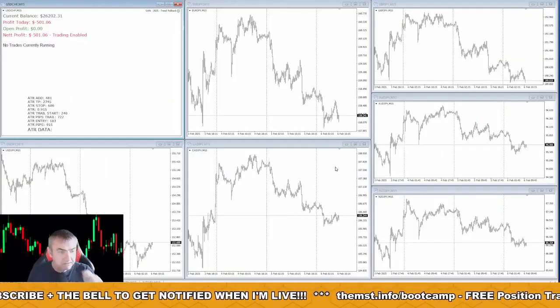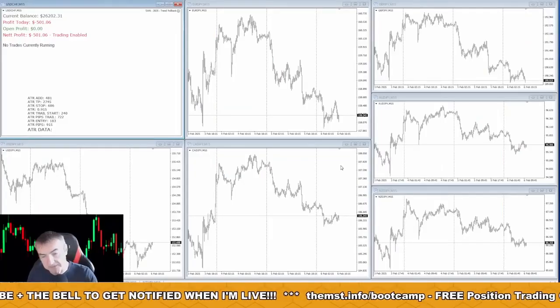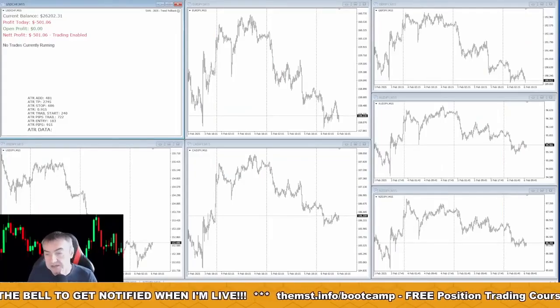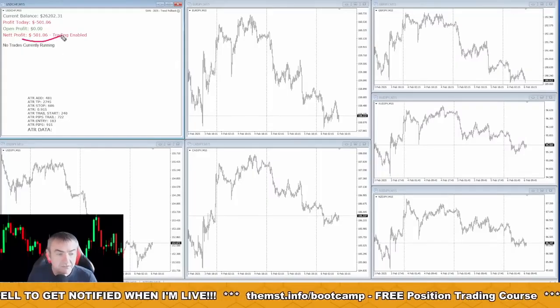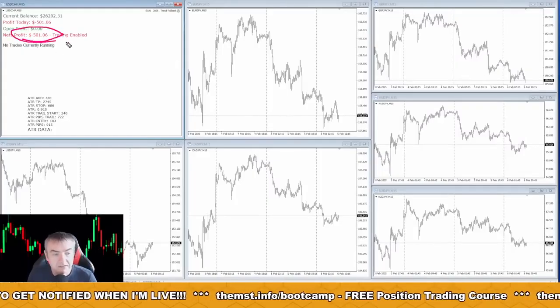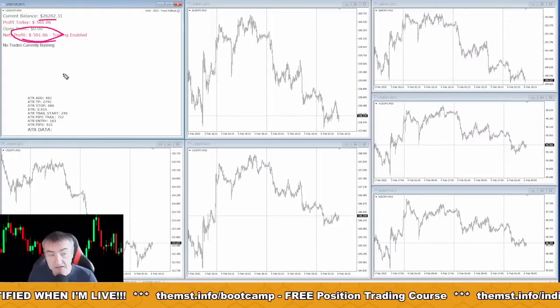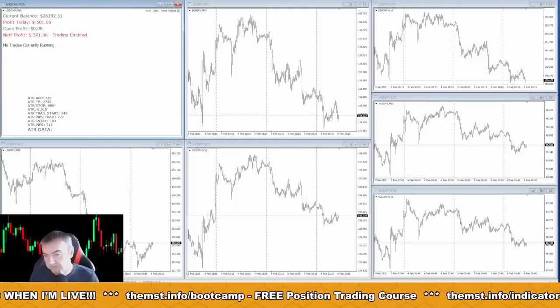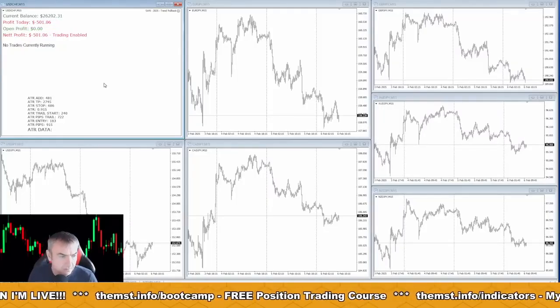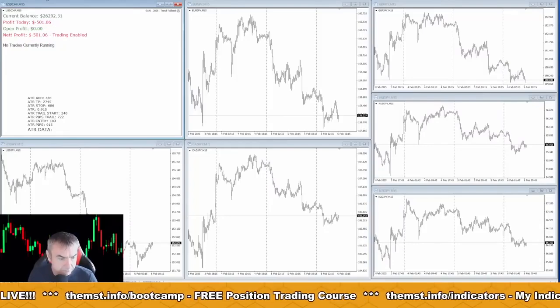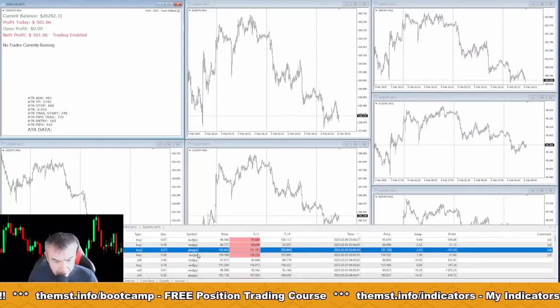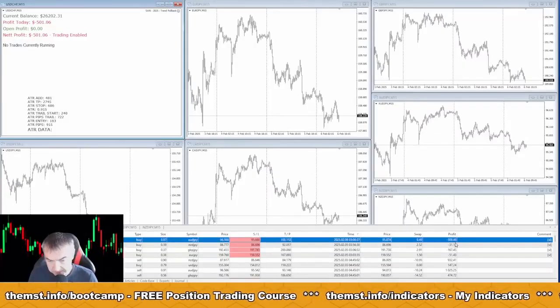The yen pullback strategy that I'm running, forward tests as well. Had a down day today. It's still up, but it's had a down day today. I think it banked a profit yesterday. What did it do yesterday?